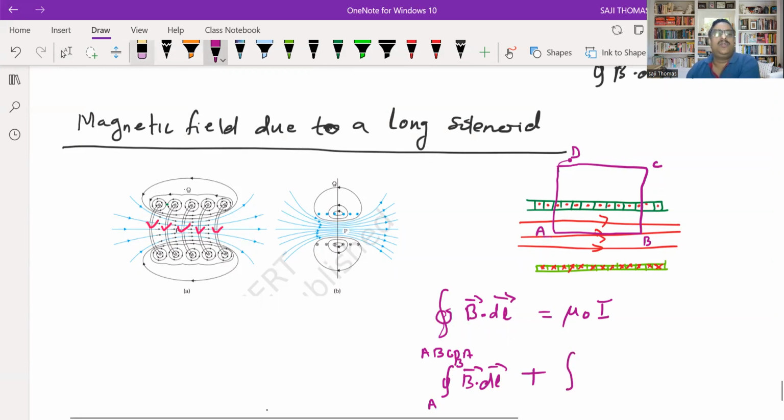Now don't write the closed integral because we are splitting.